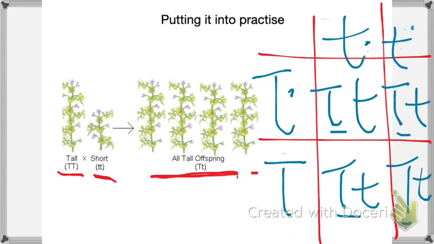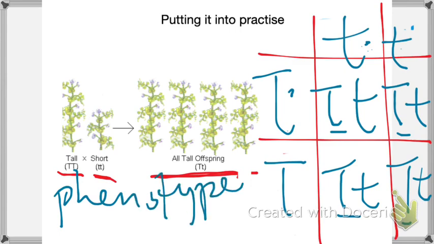So to interpret this, we have to do what we call probabilities or a chance, right? So what does this mean? If you're asked to interpret, we can interpret phenotype and we can interpret genotype, right?